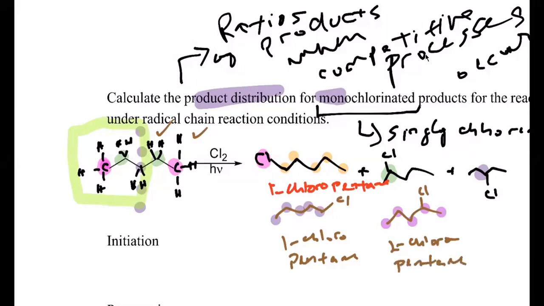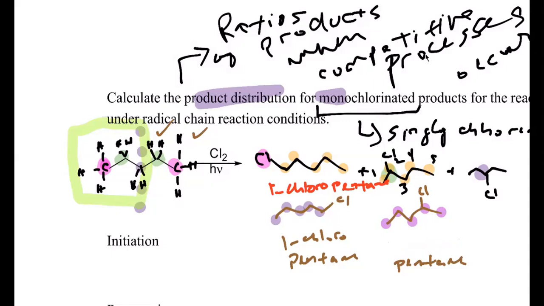What about the one above it? Is that also going to have the same name, 2-chloropentane? Still 5 carbons, and we start counting from the end closest to chlorine. So how would you name that one? 3-chloropentane. Well, look where chlorine is though. It's on carbon number 2, right? 1, 2, 3, 4, 5. Is that right?